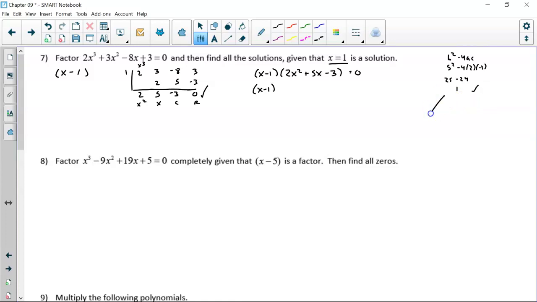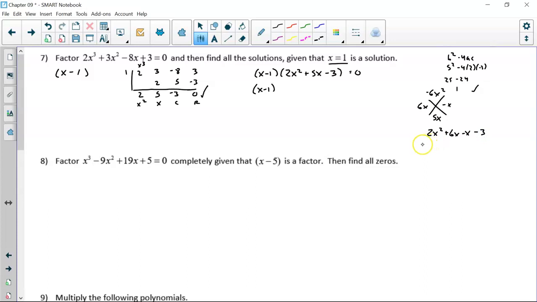Now, if you need to do the diamond and box still, go ahead. So you multiply the first and last numbers, you get negative 6x squared. The middle number is a 5x. Now the numbers that multiply to negative 6 and add to 5 are a positive 6x and a negative 1x. So if we factor by grouping, our original first term, 2x squared, 6x, negative x, and the last number in the original is negative 3.